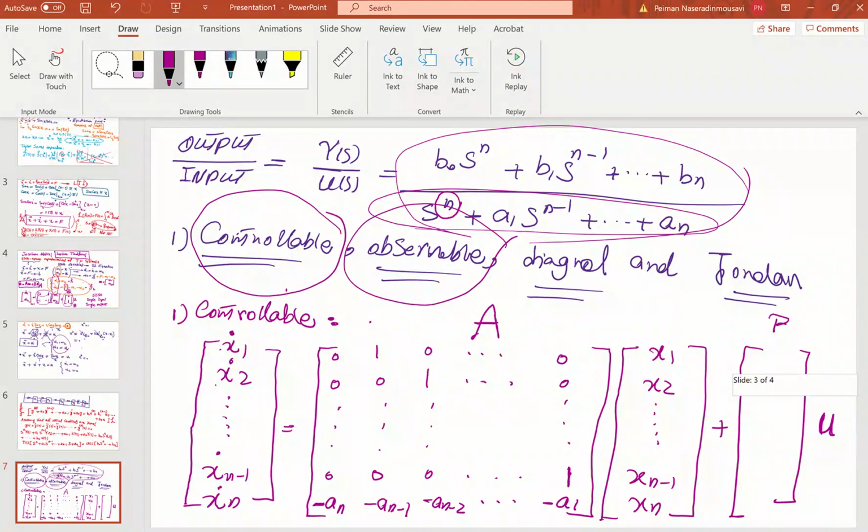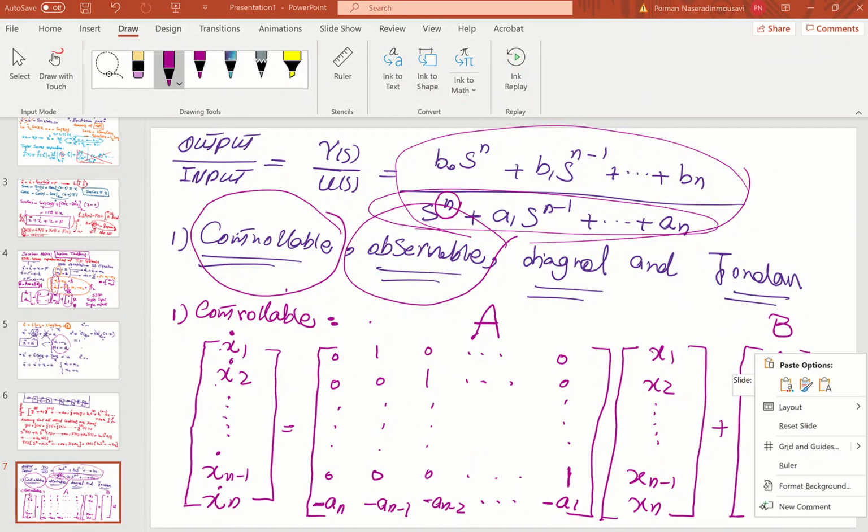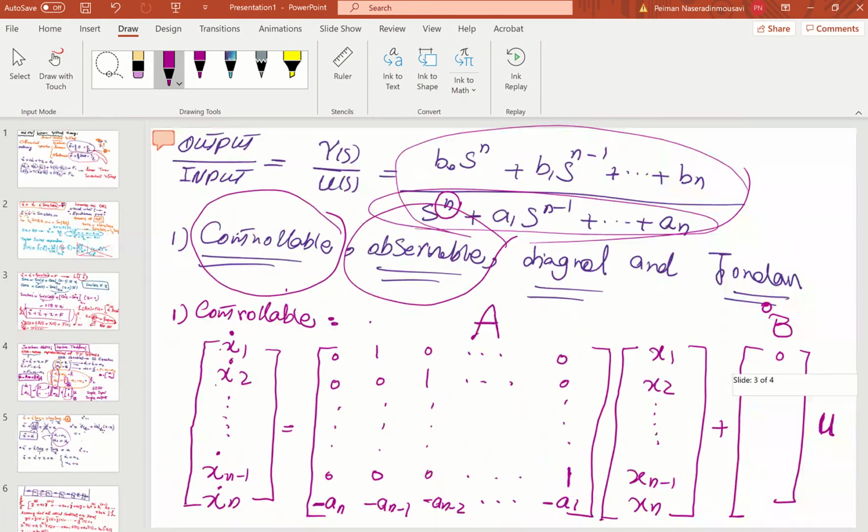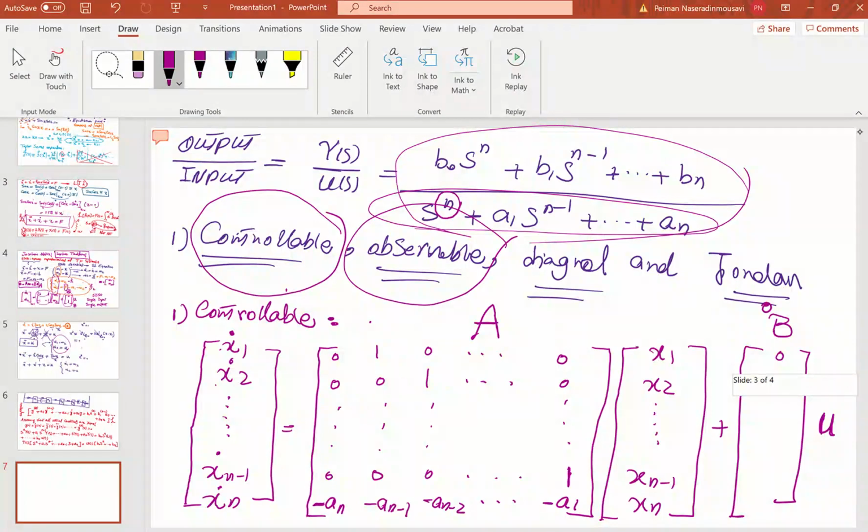Now the B matrix is going to be 0, 0, dot dot dot, 0 and 1.